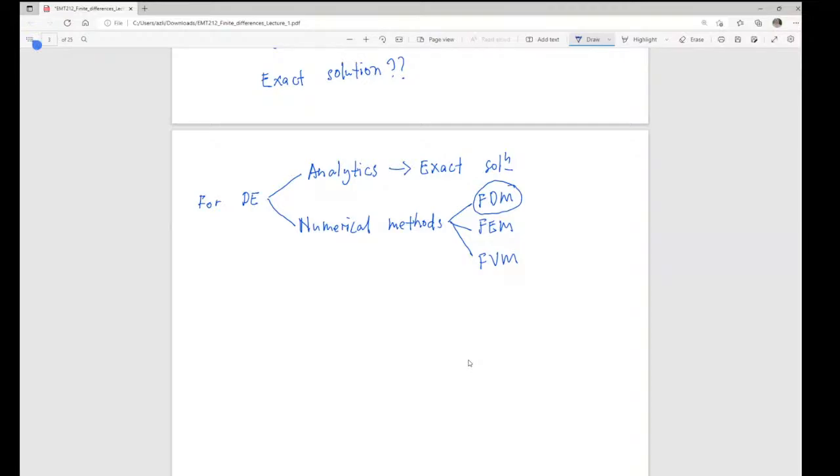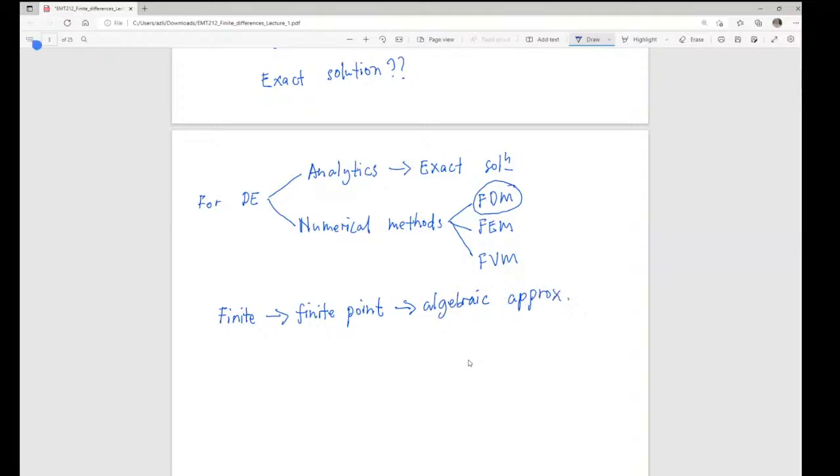When we say finite, it means finite points. Finite only refers to finite points, and in terms of algebraic approximation.